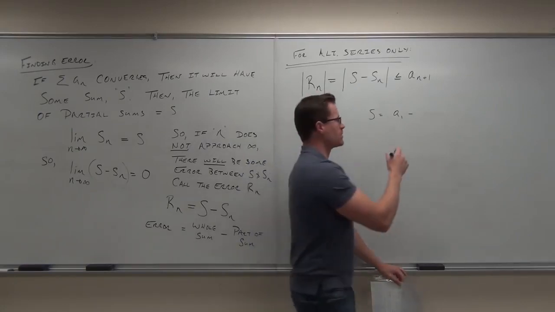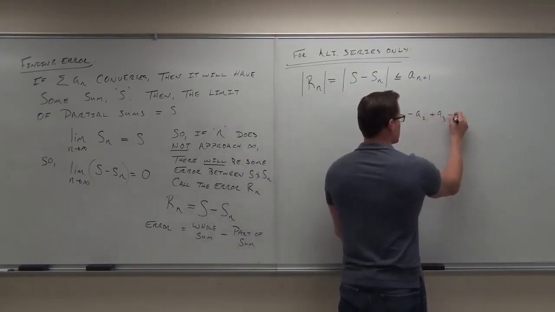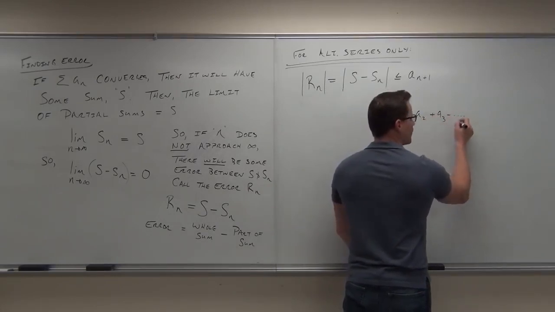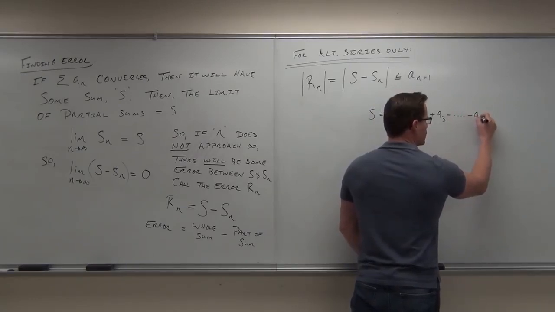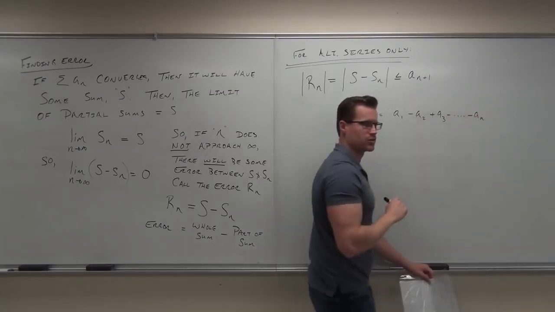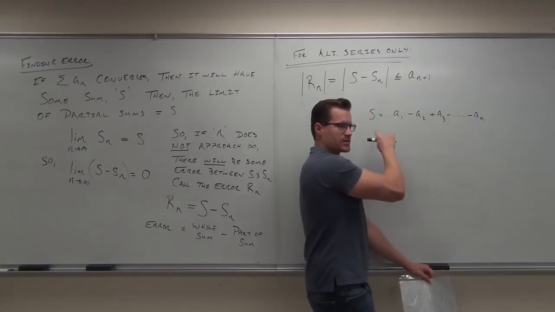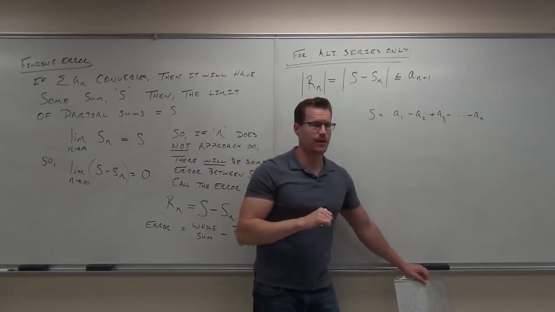This is an alternating series, so it'd be a sub 1, a sub 2, a sub 3, and so on, and eventually you get a sub n. True? Now, would S stop there? Yes, no?